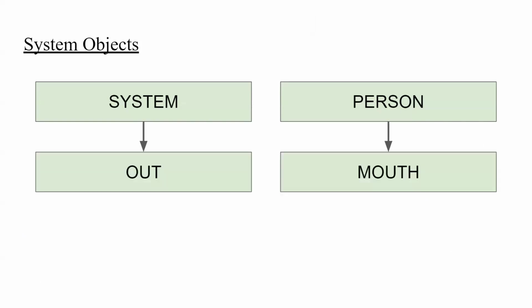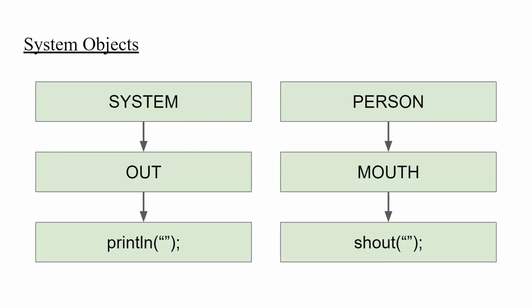Instead of out, we had a mouth method. So this mouth method might have a bunch of functions like eat, or brush teeth, stuff like that. But instead of println, it can be sort of like shout. So you have your upper level, which is your system. This is pretty much the entire system of Java.